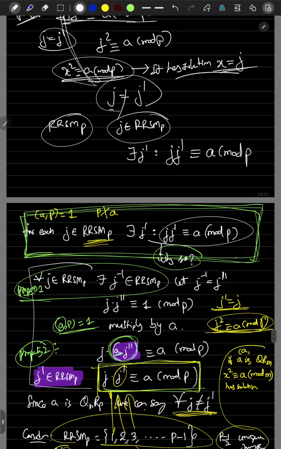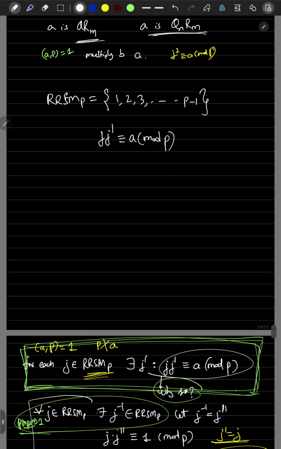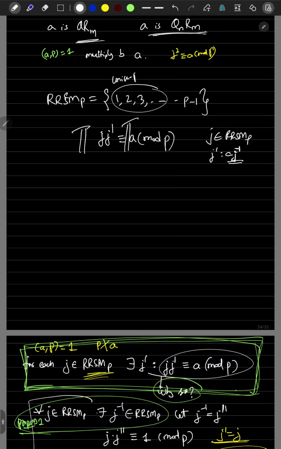See, J belongs to RRSM P, and what is J dash? It is A into J inverse. Yes. Now we iterate over the elements. Actually J is not 1 to P minus 1 by 2; what I mean is take half of the unique elements, P by 2, and keep on multiplying.